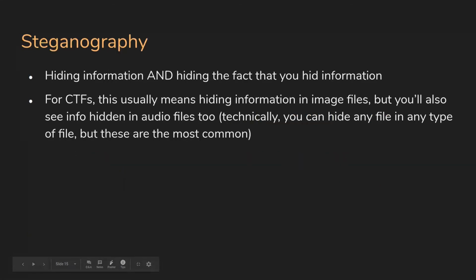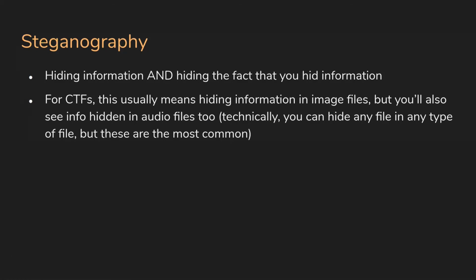And then the last thing that's pretty common for forensics is called steganography. Cryptography is hiding information, but steganography is hiding information and hiding the fact that you hid information. If someone were to get a file that has some data steganographically hidden in it, they shouldn't be able to tell that something's up with the file.